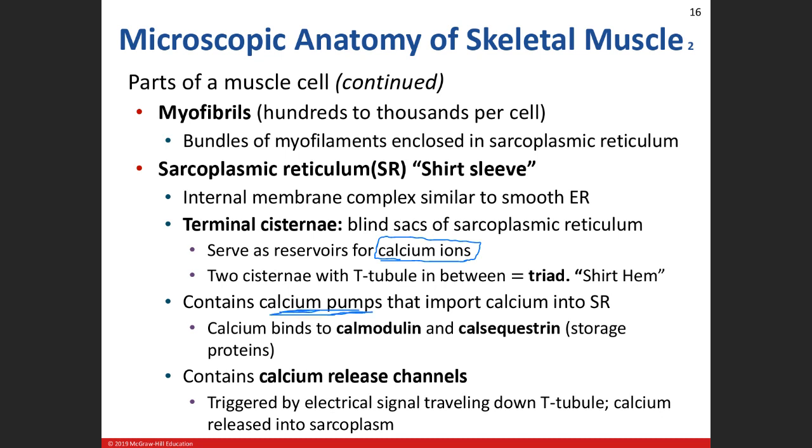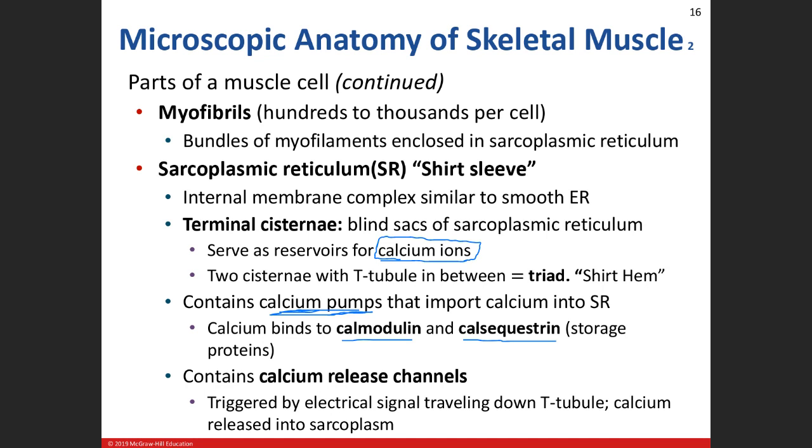The calcium ion pumps' job is to pump calcium out of the sarcoplasm of the cell and into the terminal cisterna. And then once they go into the terminal cisterna, they will bind onto these two storage proteins called calmodulin and calsequestrin.